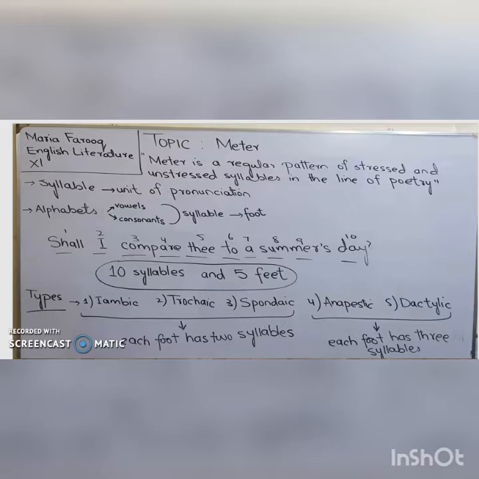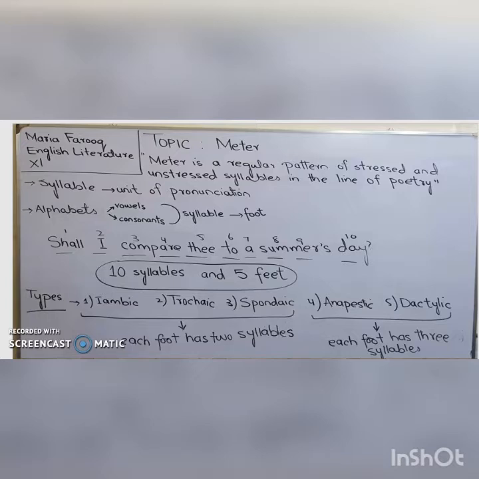Now types. There are 5 types of meter: iambic, trochaic, spondaic, anapestic, and dactylic. As far as iambic, trochaic, and spondaic are concerned, each foot has 2 syllables. In anapestic and dactylic, each foot has 3 syllables.